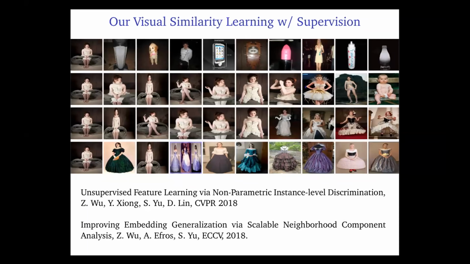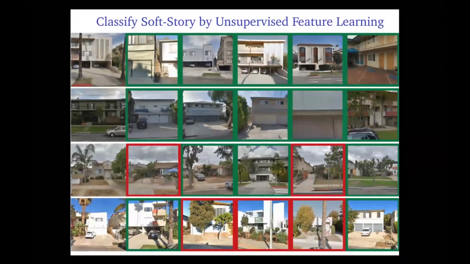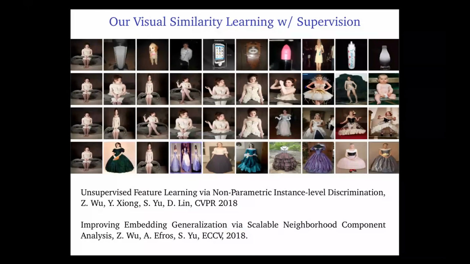Now we are focusing on the part of the visual characteristics that defines what a dress is. It doesn't matter who wears it, how many models are wearing it, okay? And this is our result using just the ImageNet pre-trained feature learning model, unsupervised. This is the second row of results, okay?